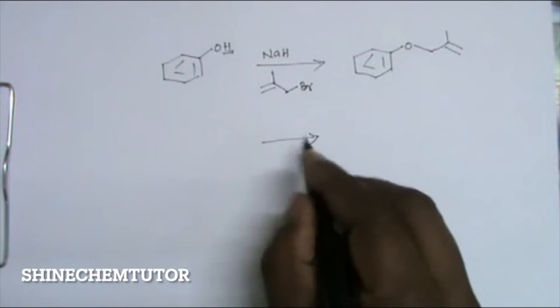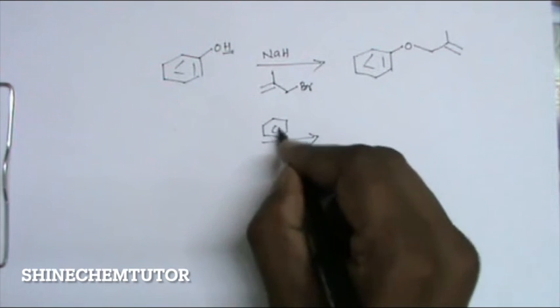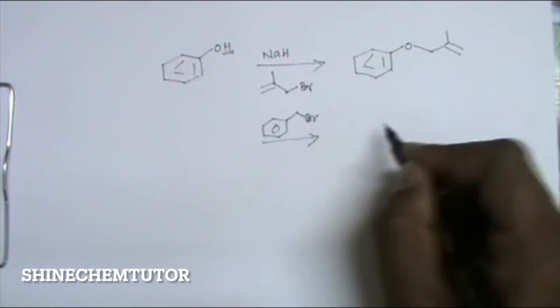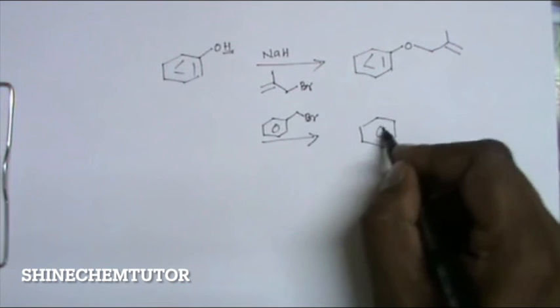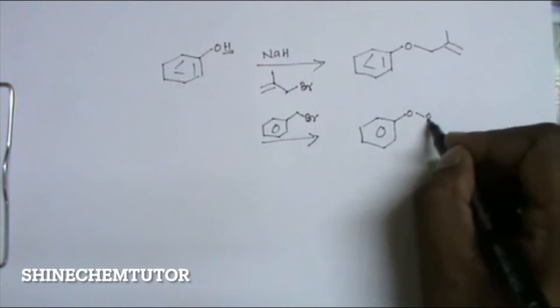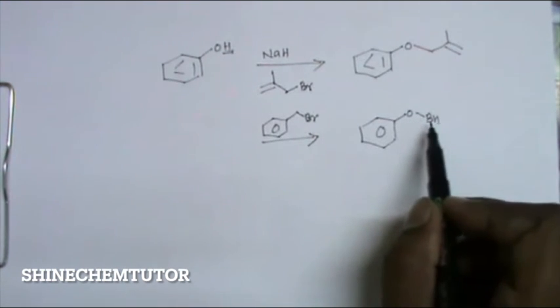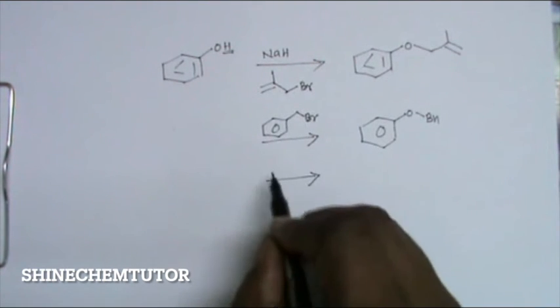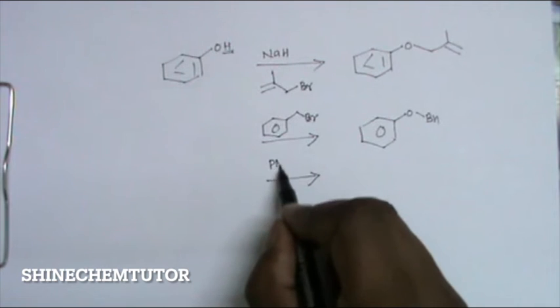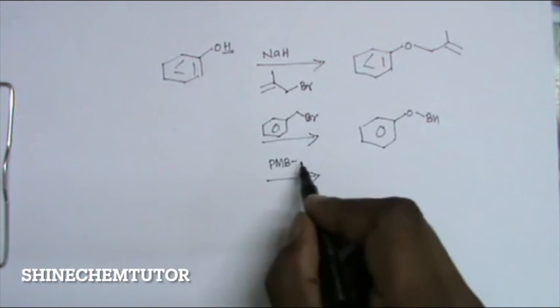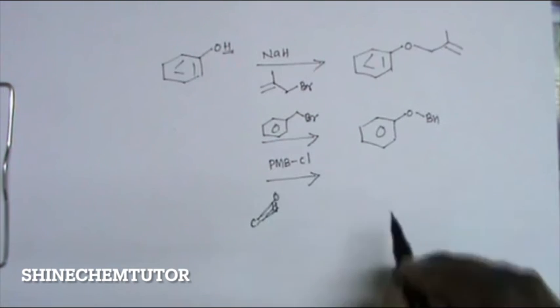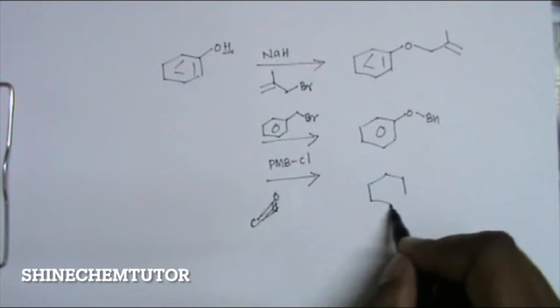Suppose I add benzyl bromide, we get this one. The OH has been protected. Similarly, we can go for para-methoxybenzyl chloride. The product, whatever we get, will be here.